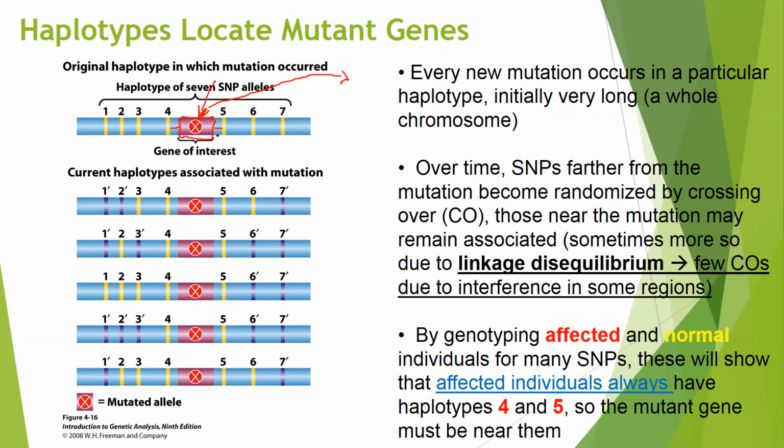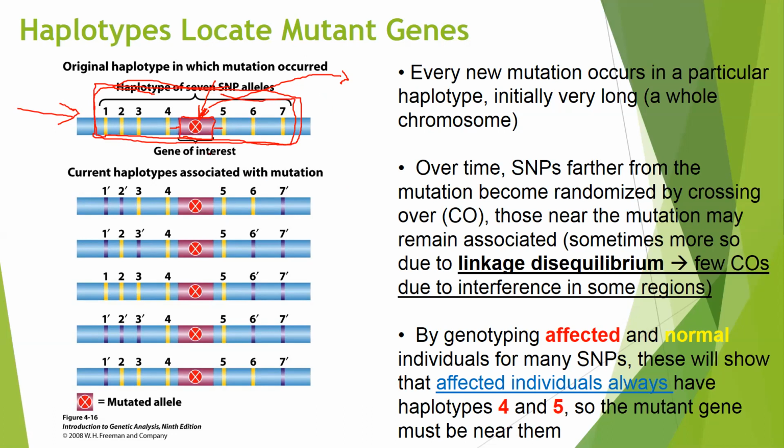So why do we see them carried over then? For example, this individual had a kid. If there's no crossover, this individual will pass the entire region to the kid, right? The kid carries the same thing and will be affected by the disease, let's say it's dominant.